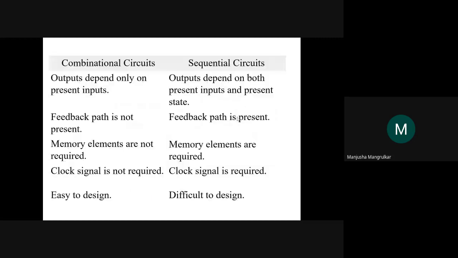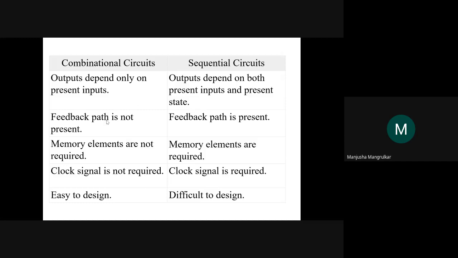Now, we'll see the difference between the combinational circuit and the sequential circuit. In a combinational circuit, outputs depend only on the present input, right? And in a sequential circuit, your output depends on both your present inputs as well as the present state, meaning your previous output, right?